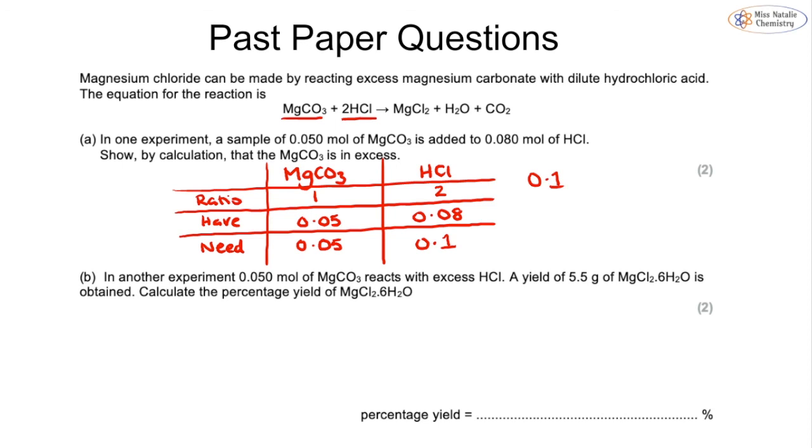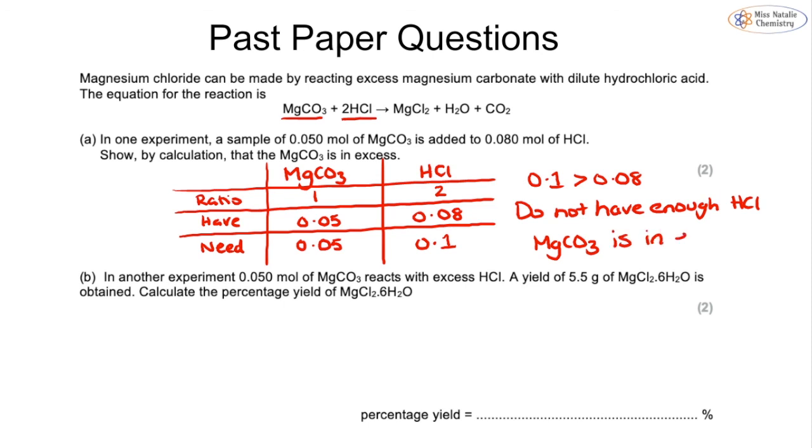The fact that 0.1 is larger than 0.08 means that I do not have enough HCl, meaning the MgCO3 is in excess. Now remember, if my need for HCl was less than 0.08, then the HCl would be in excess. So we always have to compare the have and the need to each other.